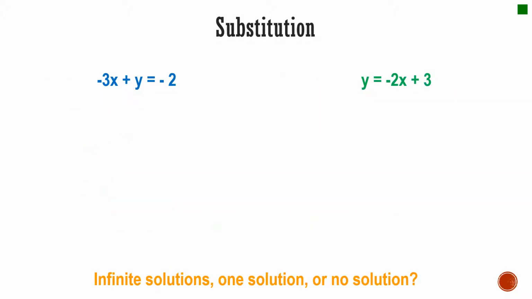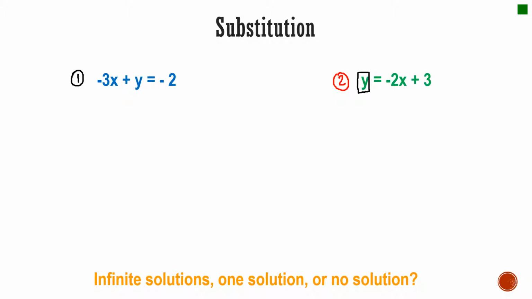Here I have two equations. Here's equation 1 and over here equation 2. I can see that equation 2 is already ready to substitute. I have a variable by itself. This y is already by itself.